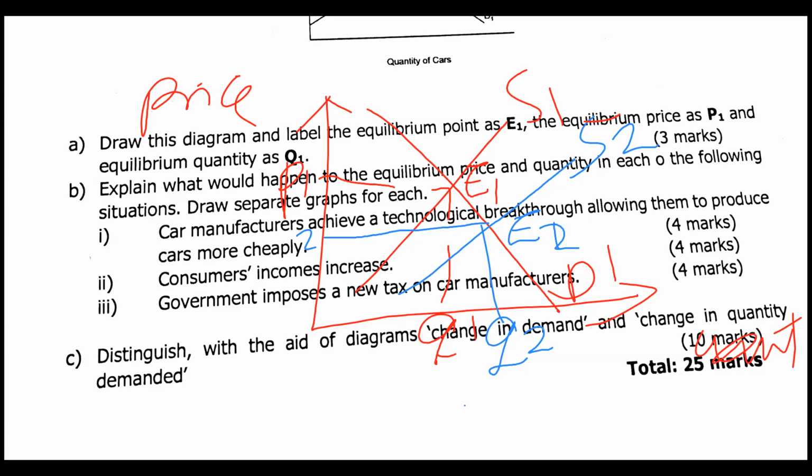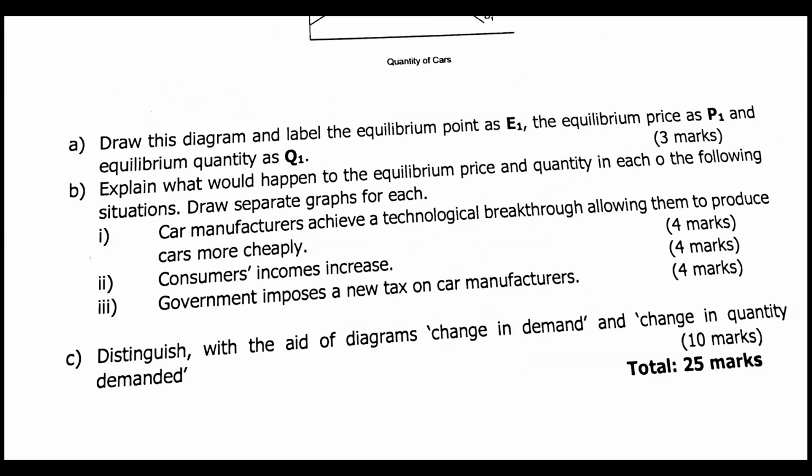We are examining, do you really know what you're saying? That's what we're interested in knowing. Not whether this line is very straight, or whether the person used a ruler or drew it freehand. That's not our concern. The concern is, do you know what is going on? Okay.